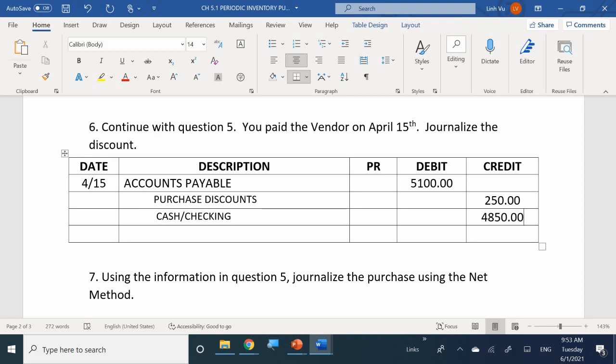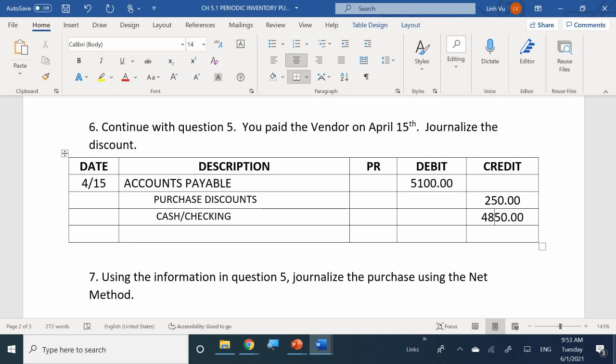No, it'd be 47. Oh, you just lost me on that part. Never mind, I got it. You're right. I was thinking of the 5,000 that you were saying earlier. No, you're right. It is for 48.50.